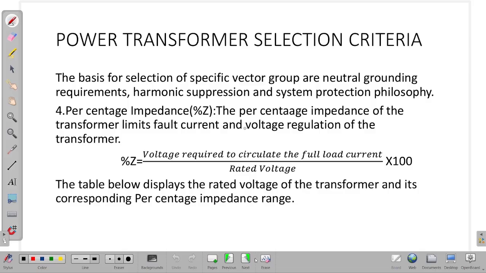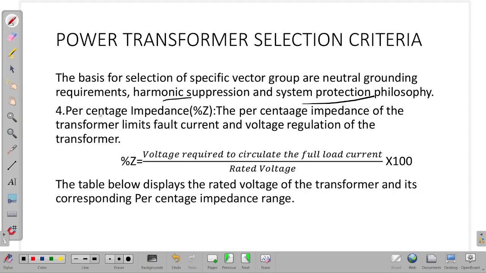And the basis of selection of a specific vector group is neutral grounding requirement, harmonic separation if required, and system protection philosophy. For that only we employ a specific vector group in the design of the transformer.